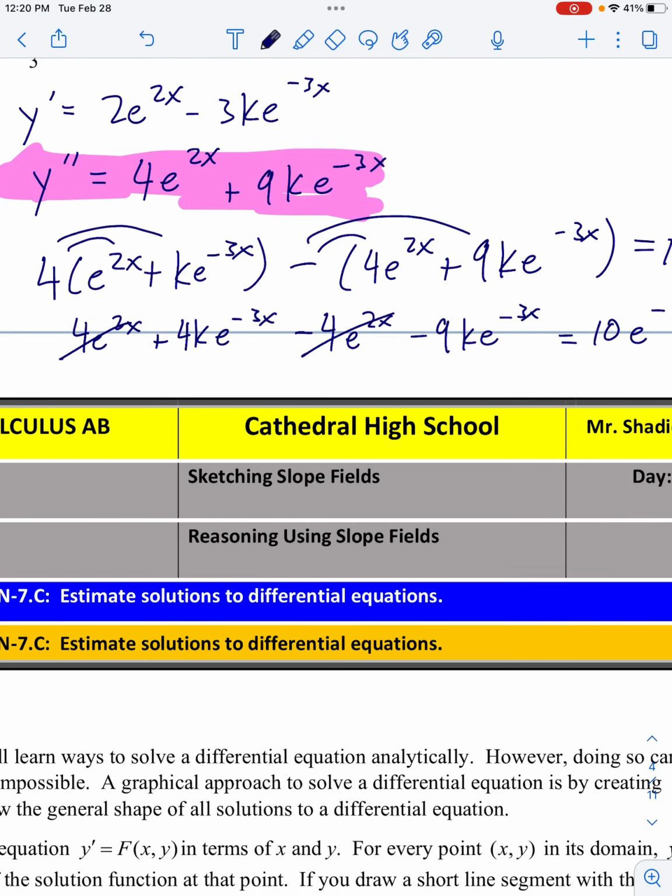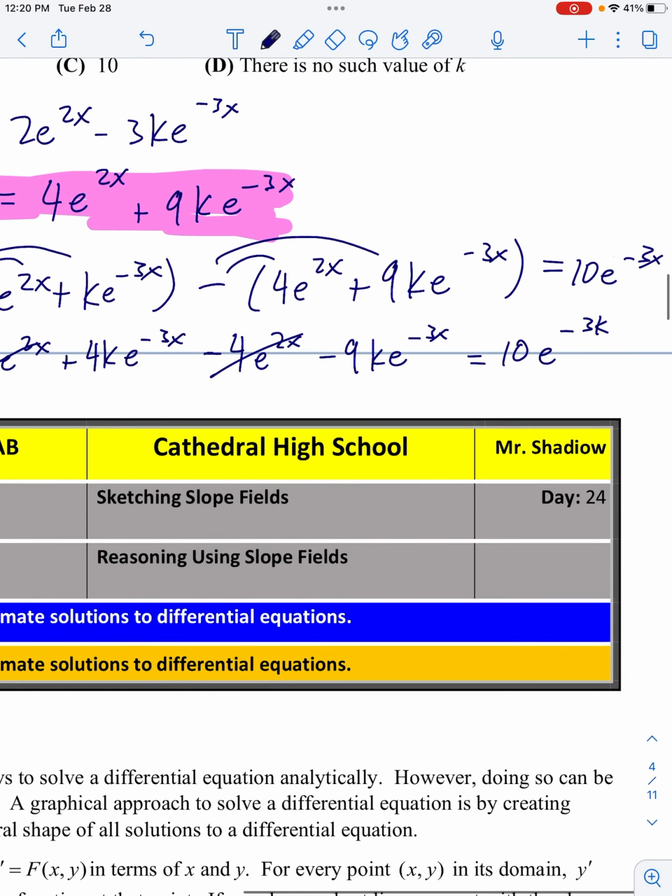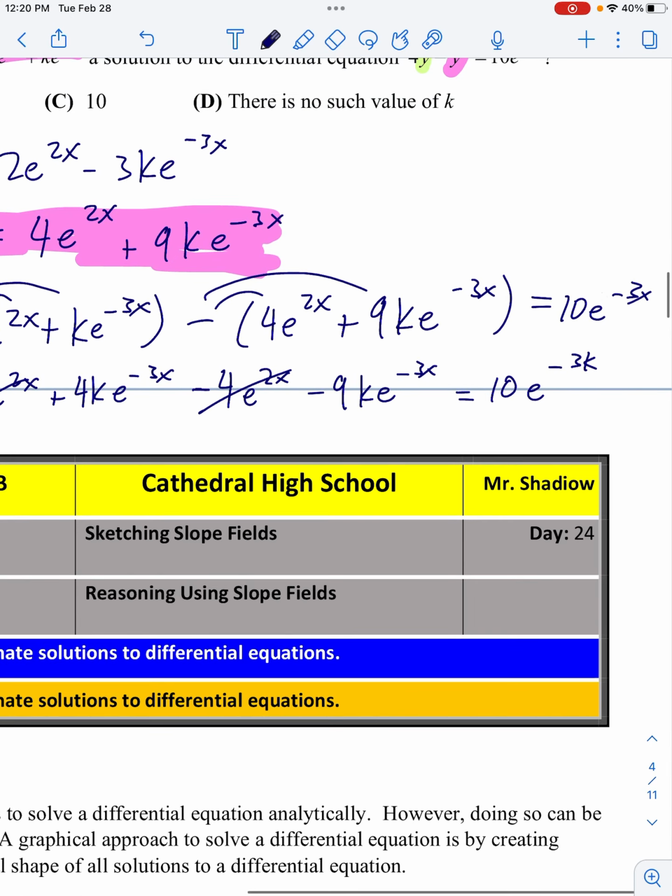These two are going to cancel. The other two terms on the left there are going to combine, right? So we're going to have negative 9k e to the negative 3x and positive 4k e to the negative 3x. Those are going to combine to negative 5k e to the negative 3x. Sorry, that should be an x. Should be an x, sorry.